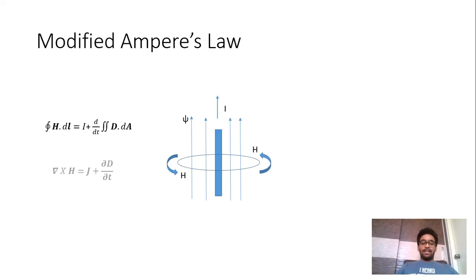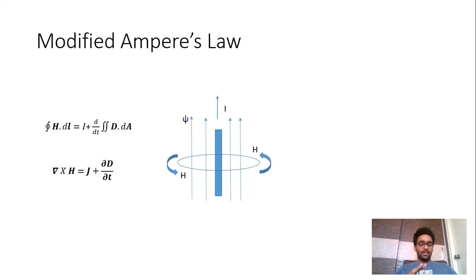So simply, del cross H is nothing but J plus dou D by dou t, and this dou D by dou t is nothing but the displacement current density. That means this current doesn't need any conductive medium.